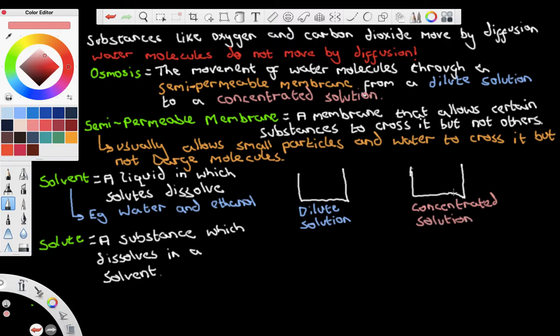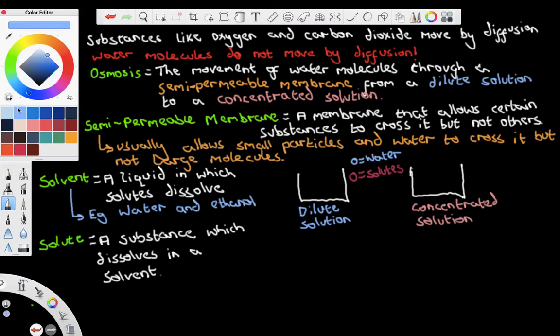Okay? Now we're going to be talking about two particles. We're going to be talking about water, which I'm going to draw in blue. So these are my water particles. And we're going to be talking about other particles, which I'm going to put in this red colour, which are our solutes. So water is our solvent, the solutes are our solutes.